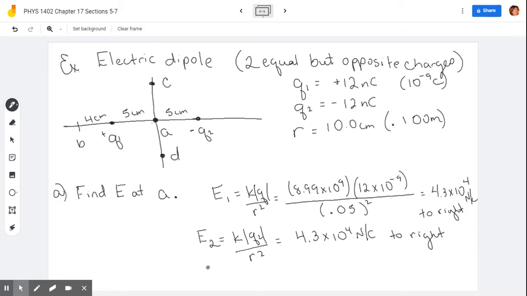So the electric field strength at that point is just the sum. They point in the same direction, so we can simply add them together. If they pointed in different directions, we'd have to use vector addition. So our answer is 8.6 times 10 to the fourth newtons per coulomb to the right.